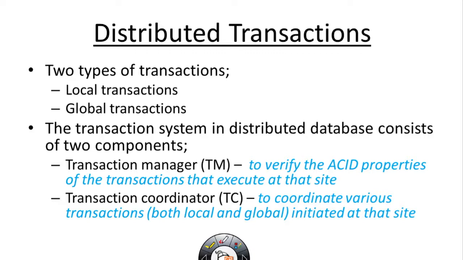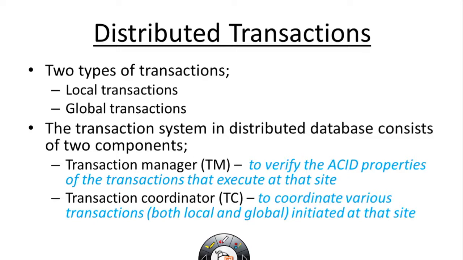If any request comes for the data residing in this server from that particular region, this is a local transaction. For answering this local transaction, the transaction manager is responsible. The second component is the transaction coordinator. That means somebody to coordinate various transactions that are both local and global initiated at that particular site.